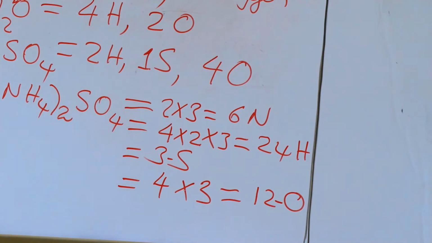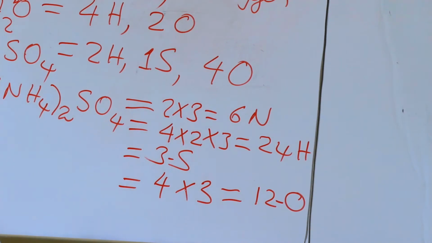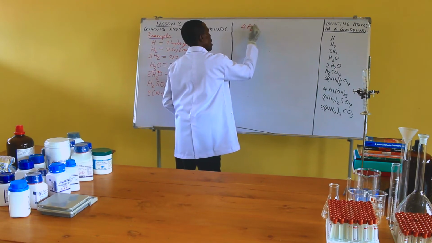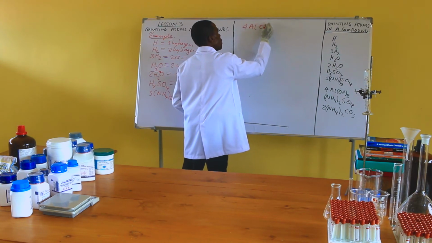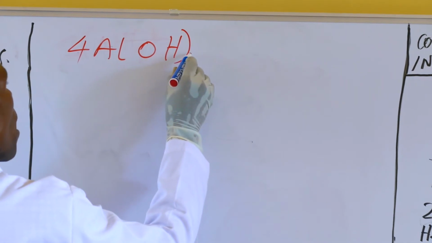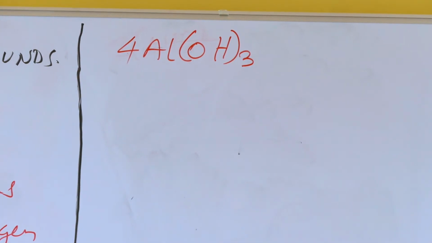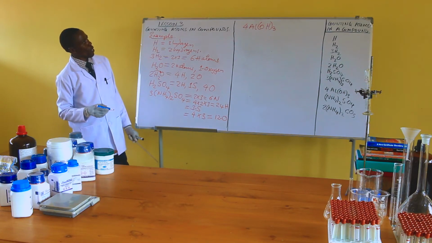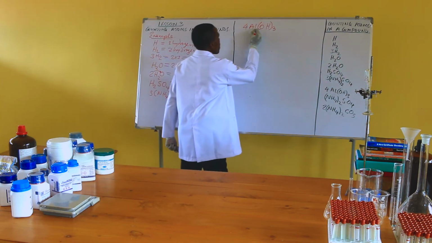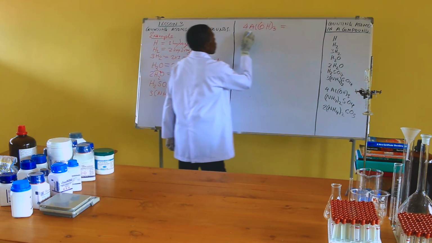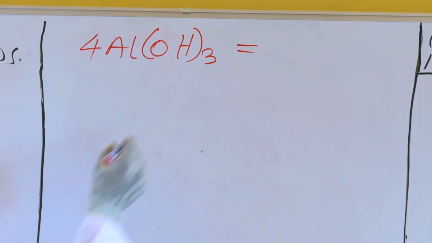Now see, for example, let us see if you have something like aluminium hydroxide. 4 molecules of aluminium hydroxide, it is written that way. Let us count the number of atoms in there. Within this chemical formula, we find 4 aluminium atoms directly.